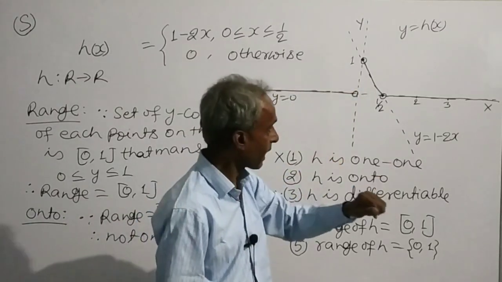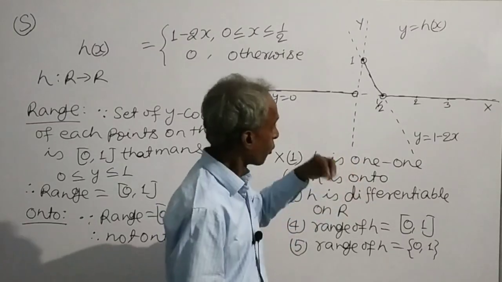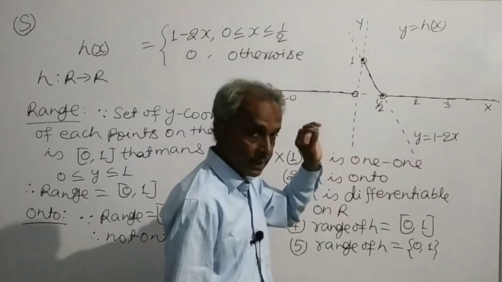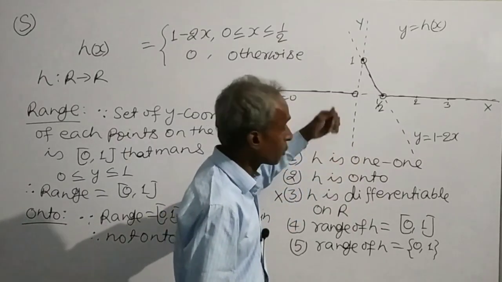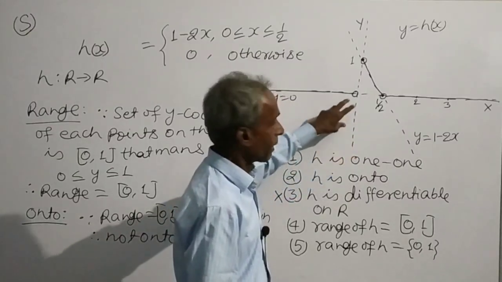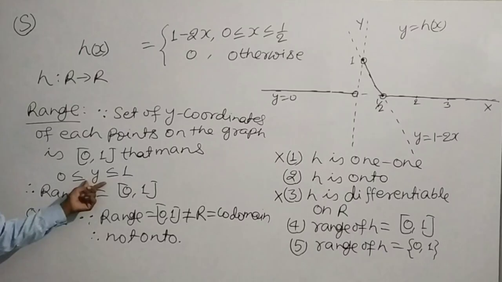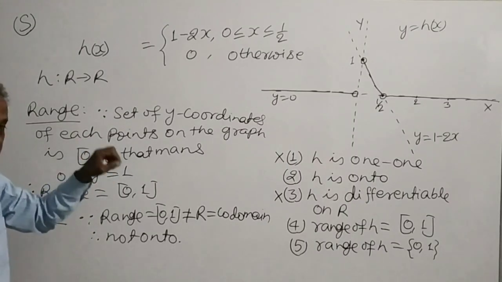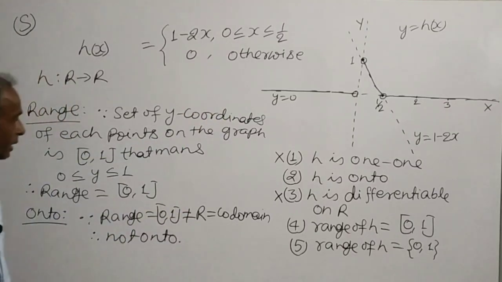Thus we see that the y coordinates of points on the graph are numbers from 0 to 1, and all numbers lying in this interval are the y coordinate of one or more points on the graph.